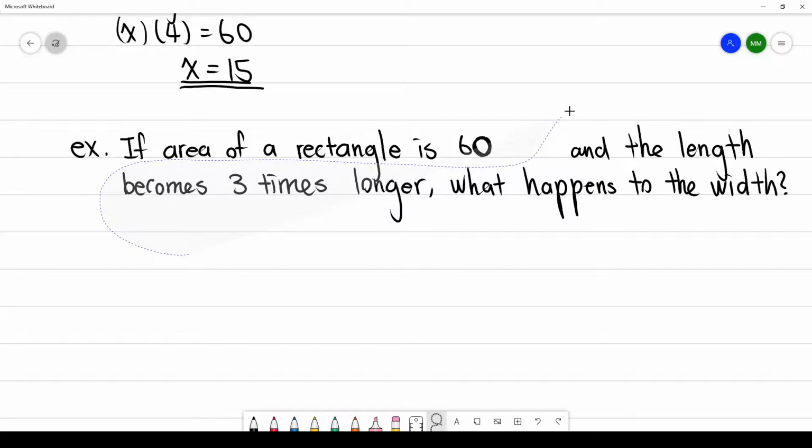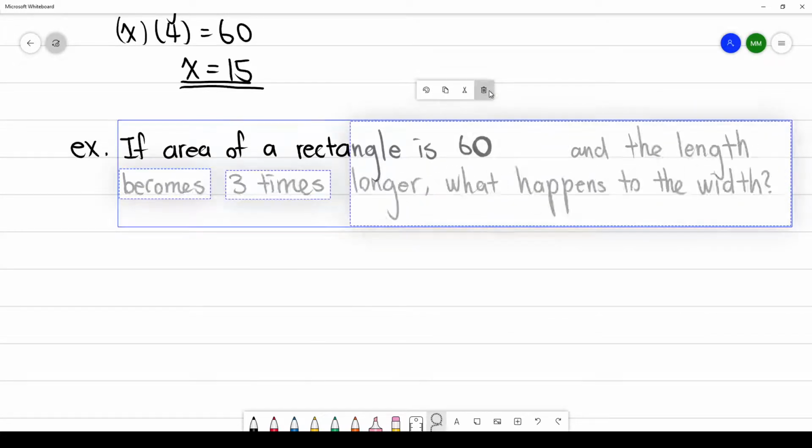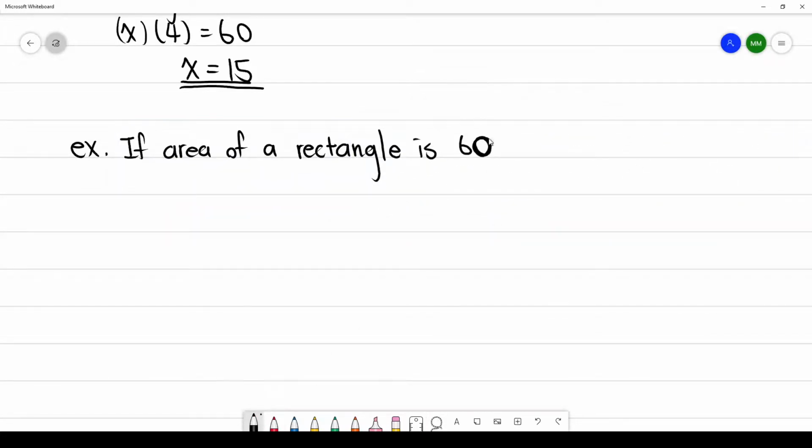I will redo this whole question. So the area of a rectangle is 60. Length is 3, and the width is 20. So 3 times 20 is equal to 60.